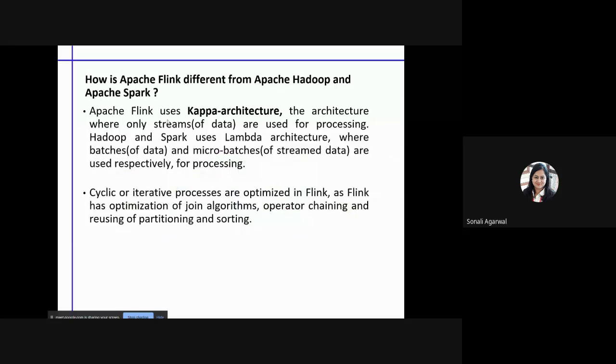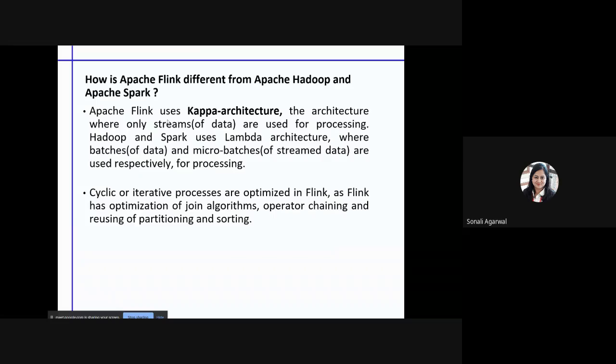One example of this evolution or improvement is in terms of architecture. Apache Flink uses the Kappa architecture, where only streams can be used for processing.